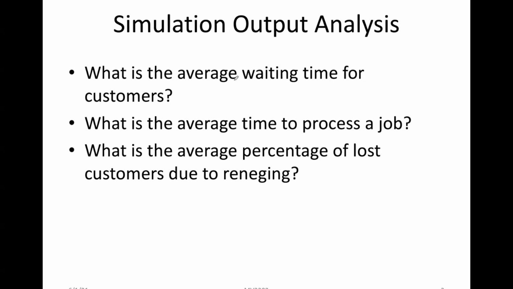We don't know based on what we've done so far because we only ran it once. And running a stochastic model once and trying to deduce any viable conclusions from that is, in the simulation world, a mortal sin.